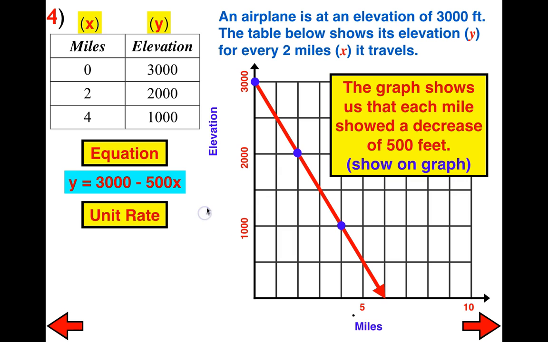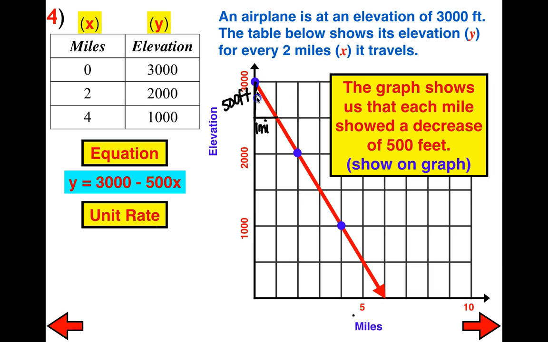Our unit rate, okay, let's take a look by observing our graph. Here, you are declining, okay, 500 feet for every 1 mile. Okay, let me use a different color so we can see that a little bit better.